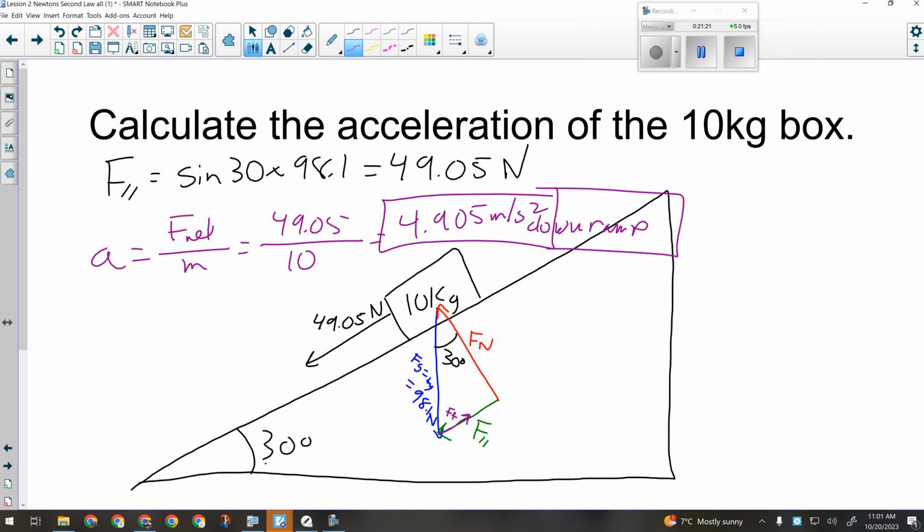Which is way better than lifting it straight up. But it's going to be tough. Agreed? A 30-degree angle doesn't seem like much on paper, but if you came up to a 30-degree hill, you'd be like, oh crap, can I go around it? Because it's steep.